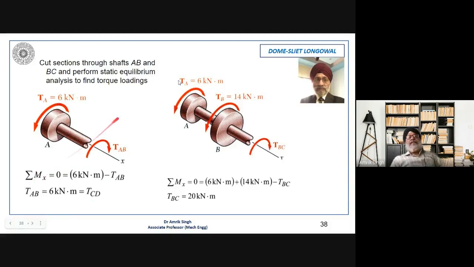Similarly, on the other side it is 14 kilonewton. So 0 is equal to 6 minus, we have taken 6 in this direction and 14 also in the same direction, minus the torque carried by BC in the opposite direction. So torque BC is this. So you have calculated the torque which is required for shaft AB and shaft BC.